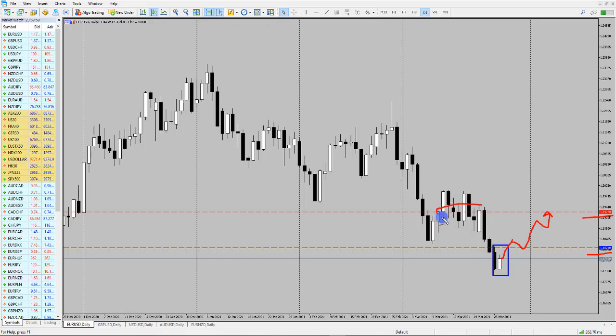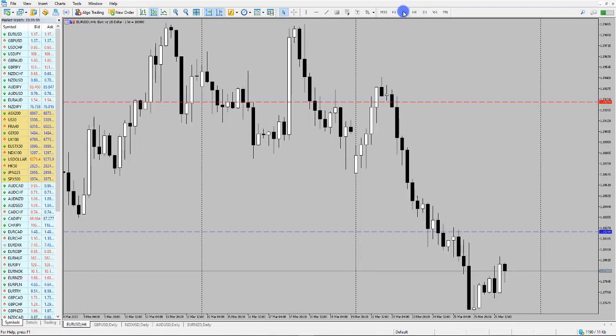If price was to get back into 19.27, I think we'd see some sellers come back into the market, and we could see another retest of this key supporting point. So euro dollar very much looking like the downtrend could continue in the short term. However, this week we may see a bit more of a retracement phase coming back into the market.